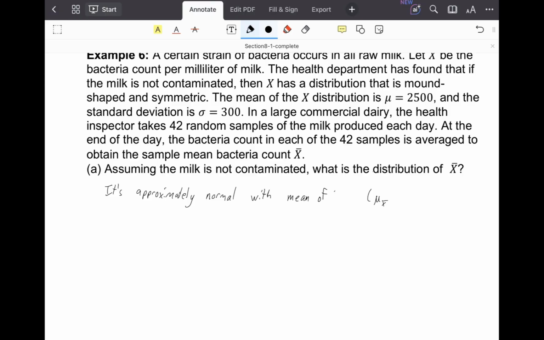Mean of the original, 2500. And that's the symbols. And standard deviation of, take the 300 divide by the square root of the sample size 42, and I'll fill that in a little bit later. The symbols here.